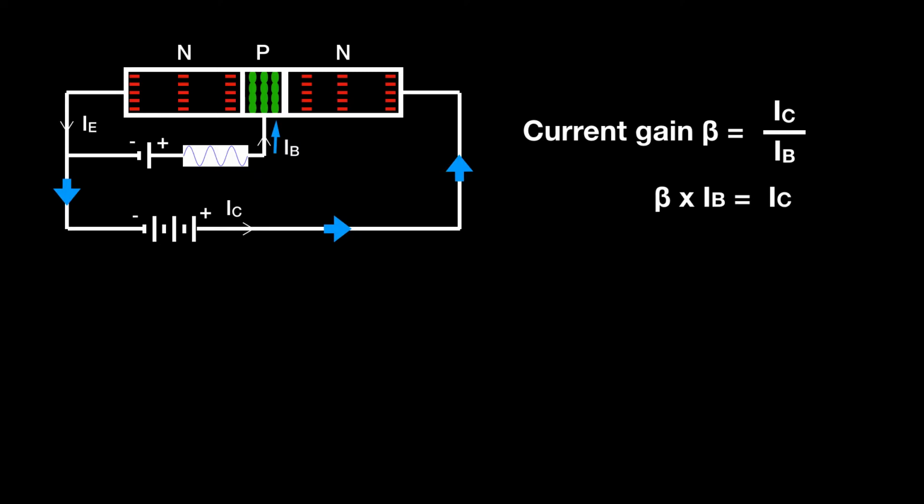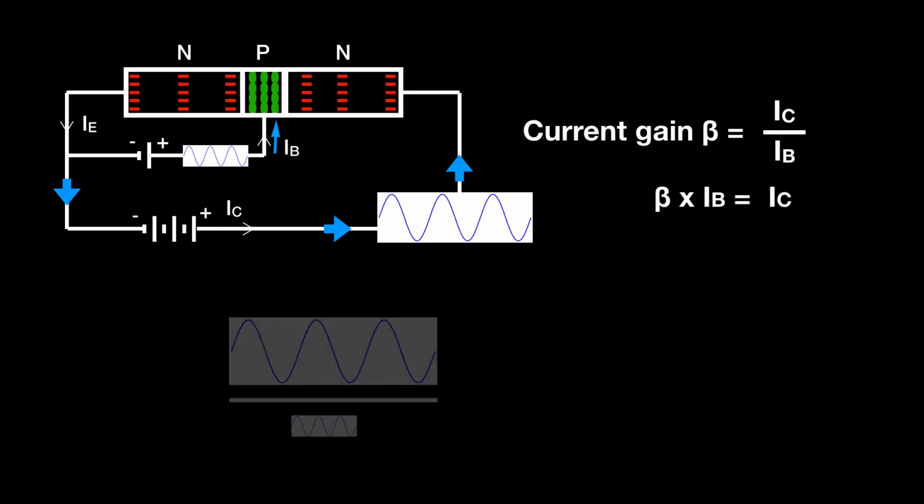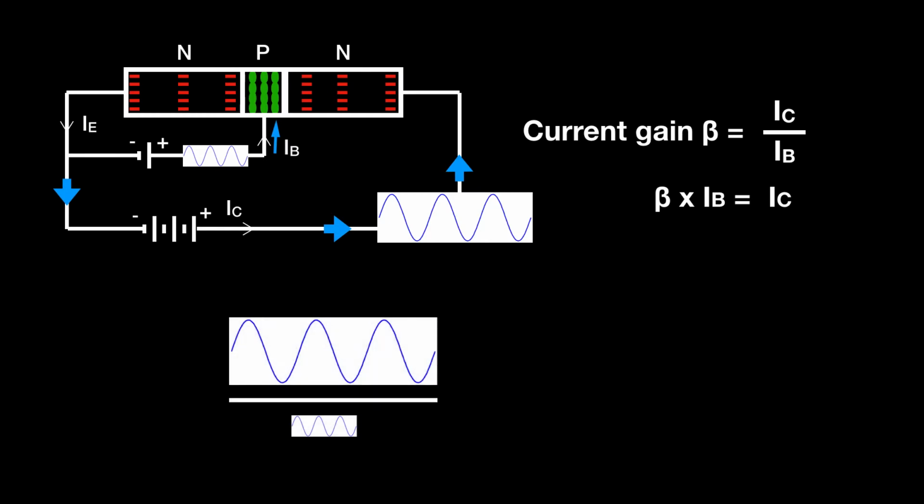Now we've said that if we superimpose a small signal onto the base current, we get a larger signal in the collector circuit. The signal gain would be that large signal divided by that smaller signal. For bipolar transistors in common emitter configuration, and we haven't covered that at the moment, but just remember that, we call that HFE.